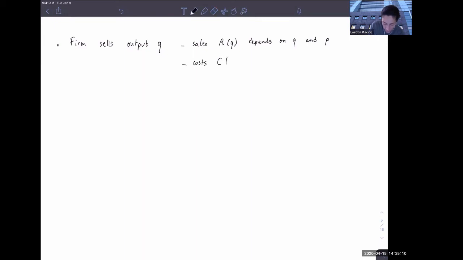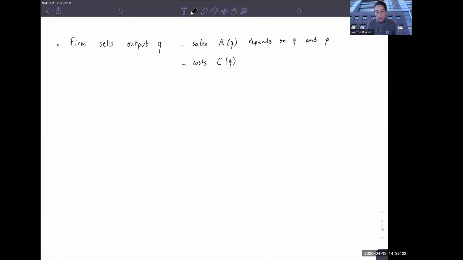The total cost is going to depend on the level of output you produce. In general, total costs increase with the level of output. The more you produce, the higher the costs. So we have total revenue and total cost.